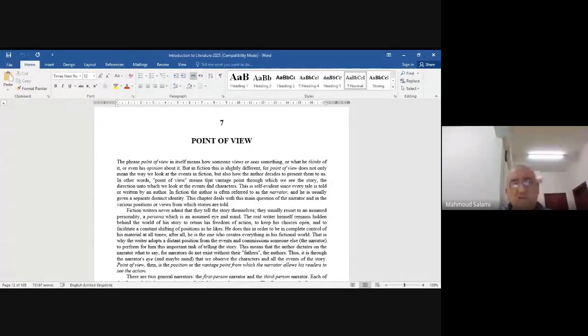And of course, in fiction, this is something slightly different. Point of view in fiction does not only mean the way we look at the events in fiction, but also how the author decides to present them to us. So it's not only the way we see them, but also how the writer wants us to see them.